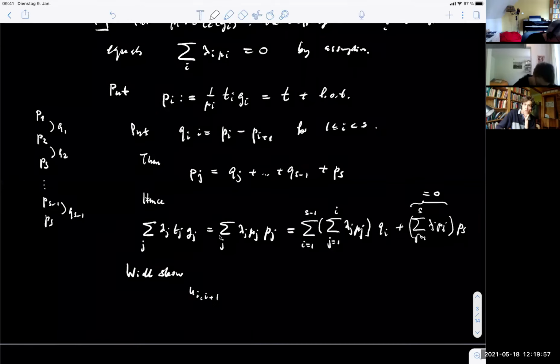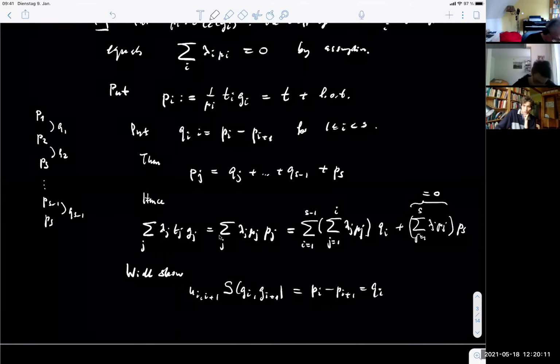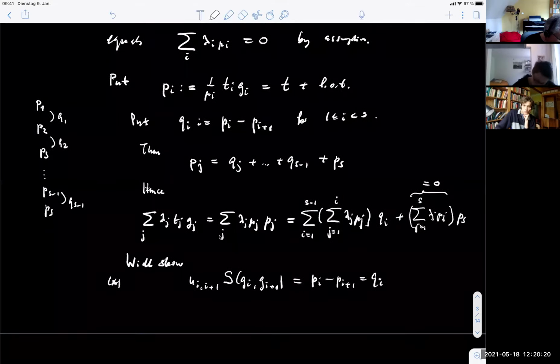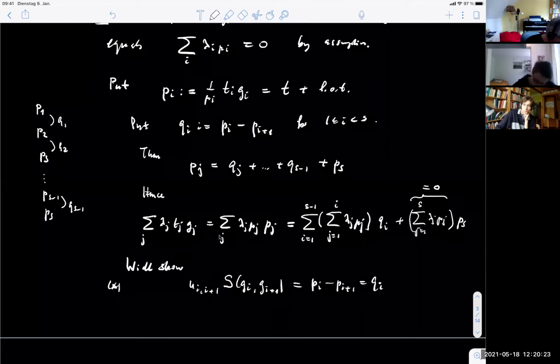It's enough to look at consecutive pairs. So I show this, and let's put a star on it. When I've done this, then I'm finished. Actually, this is clear. Then I'm done. It is sufficient to show this.